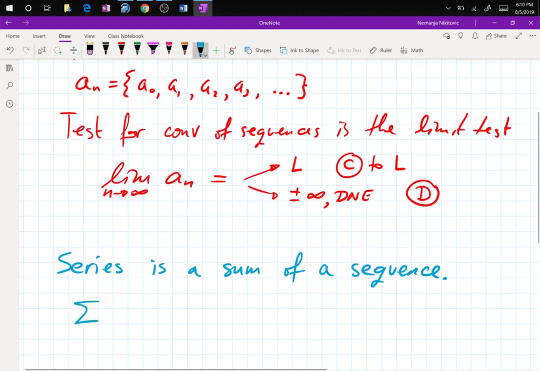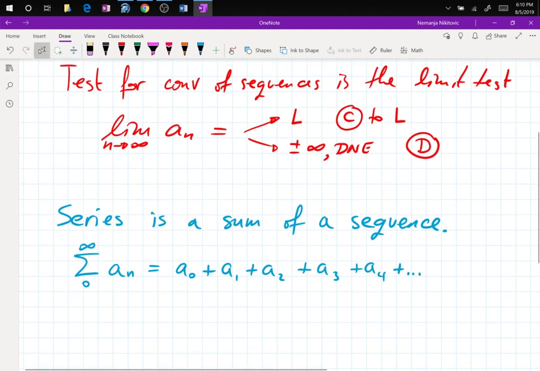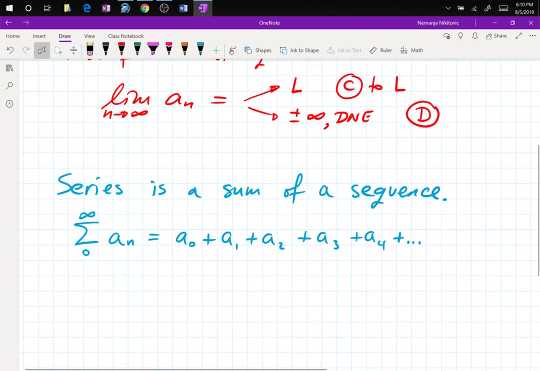So the summation of a_n, let's say 0 to infinity, is a0 plus a1 plus a2 plus a3 plus a4 plus dot dot dot, going to infinity. We do have finite series, we just don't care about them, not because we are mean and evil, but because they're not interesting. If you have a finite amount of terms, whether that is 3 or 10,000 terms, you can add them and be done. They all converge every time.